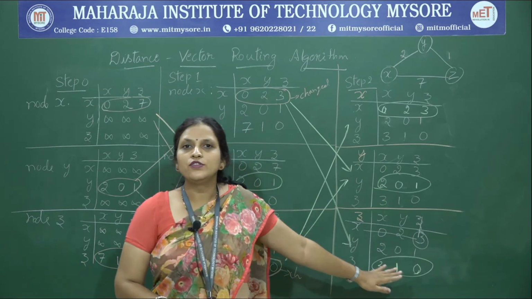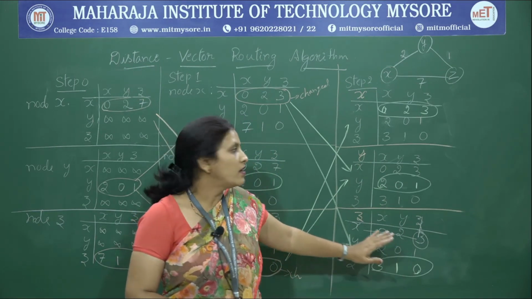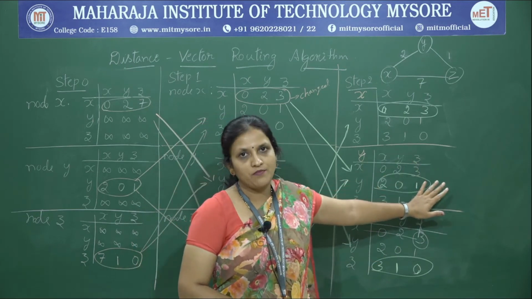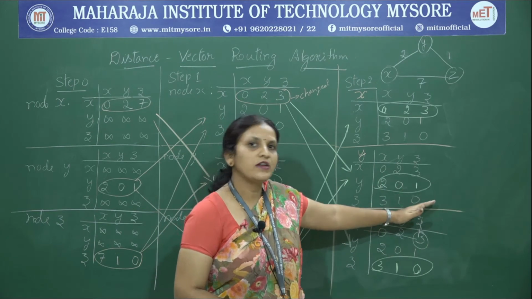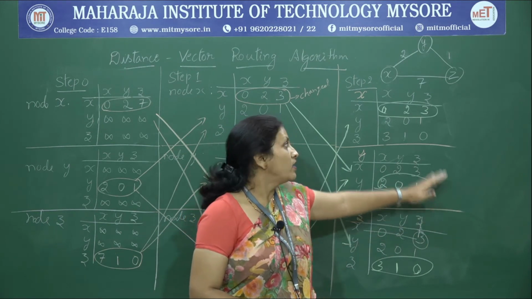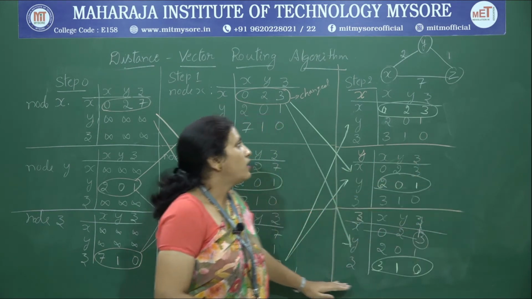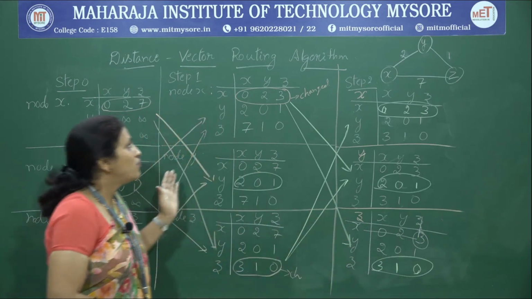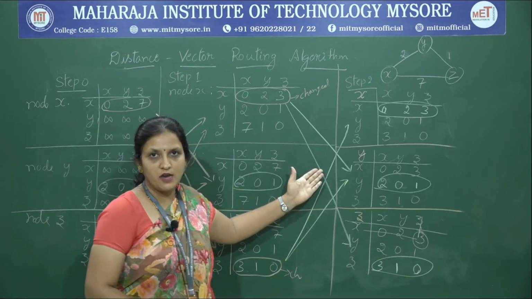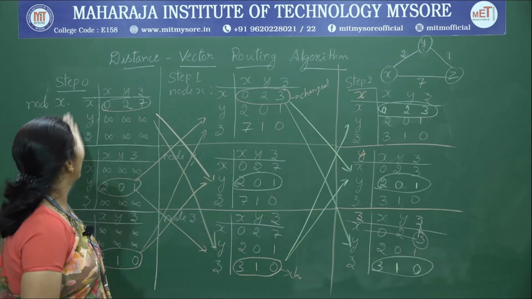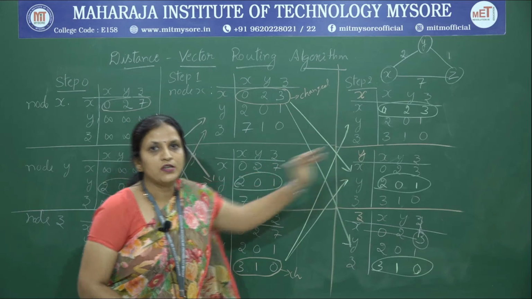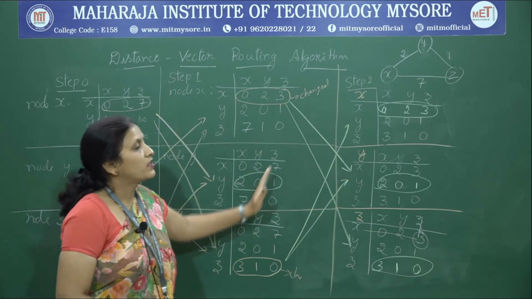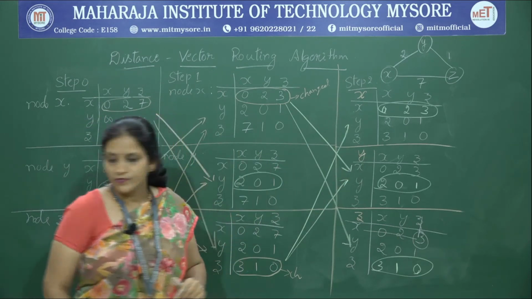So, until there is no change in the value of distance vector, there will be no message propagation happening. So, the algorithm continues until there is no further changes happening in the distance vector of that particular node. So, this is how we are going to calculate the routing table for node x, y and z with different iterations, right. This is how our distance vector routing algorithm looks.